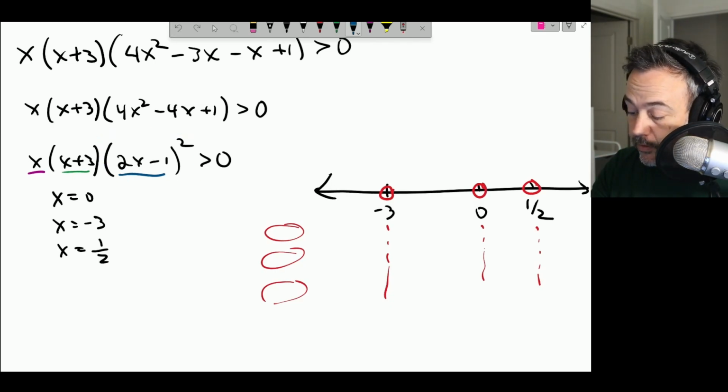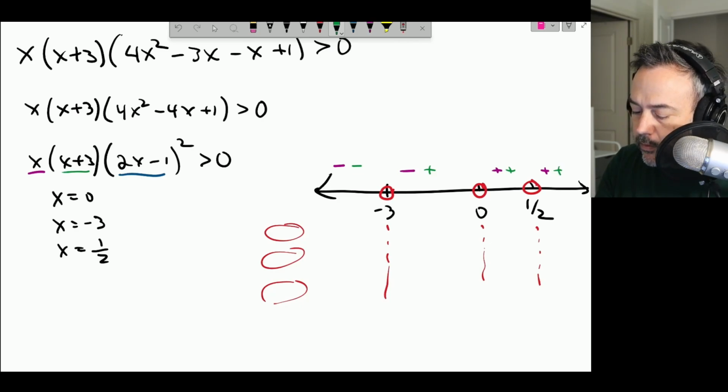Okay, so the x factor is negative, negative, positive, positive. What about the x plus 3 factor? It's negative, positive. It switches at its 0. Positive, positive. What about 2x minus 1 all squared?